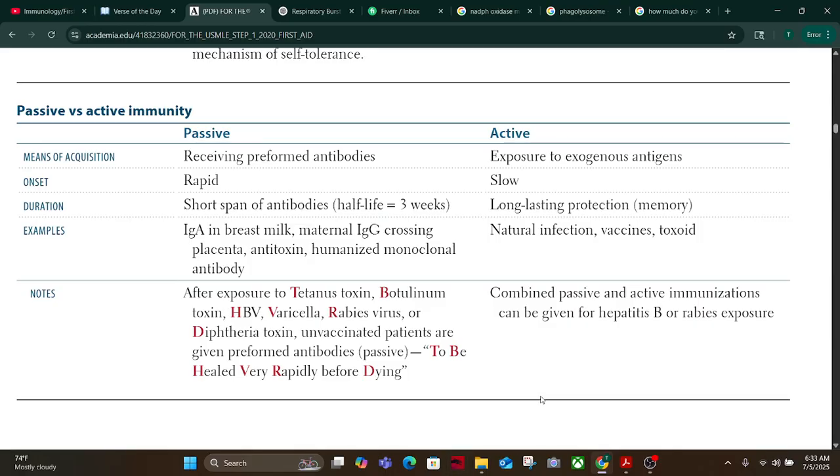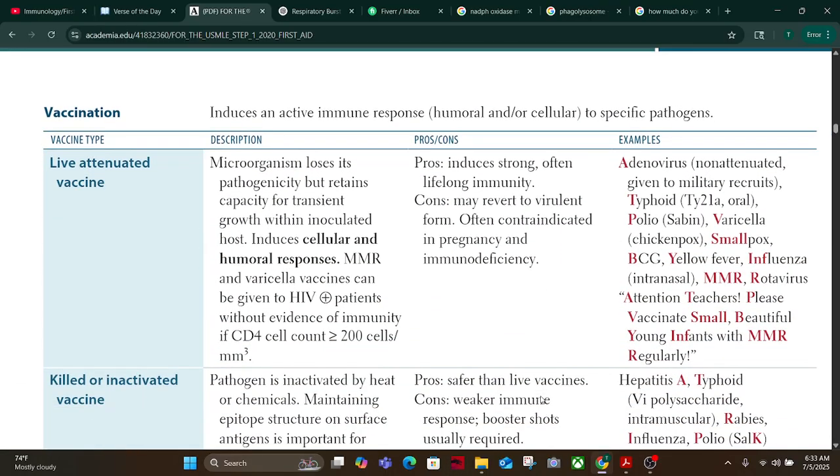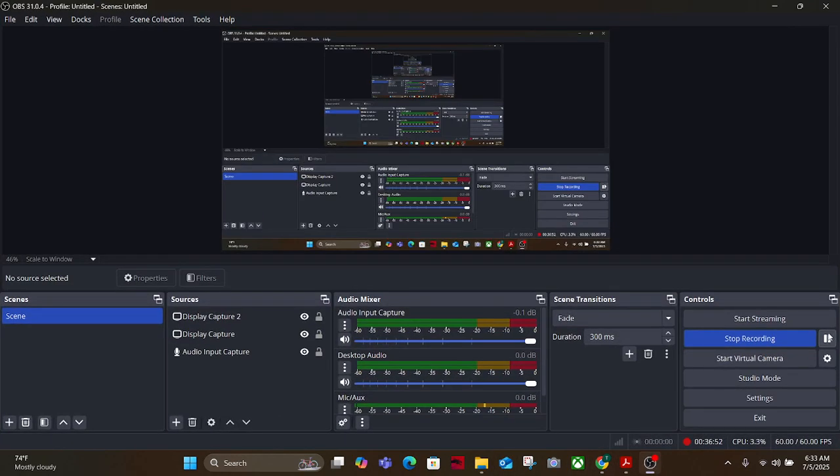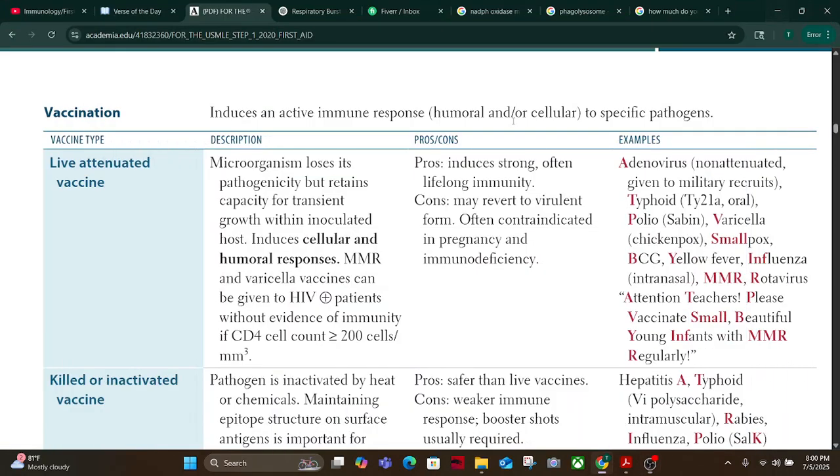Okay, next. So for vaccination, vaccination induces an active immune response, humoral and or cellular, to specific pathogens.